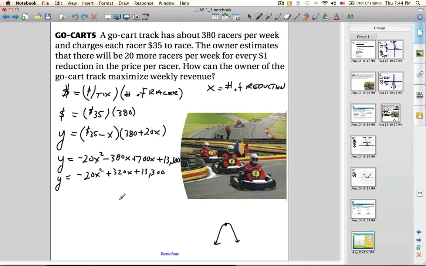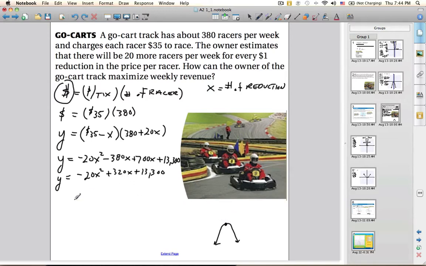And what is this graphing? This is graphing the total amount of money. So this point up here is the point where his revenue is going to be maximized. So I really just need to know, where's the vertex?